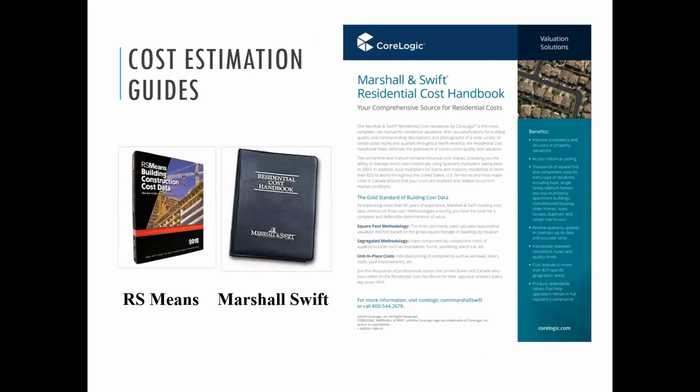before a disaster happens. And so these are the cost estimation guides. So there's RS Means or Marshall and Swift, and I found this information online about Marshall and Swift, the handbook, through CoreLogic, which is a company that FEMA uses as well for doing insurance rating. So apparently they have it in software form now as well.